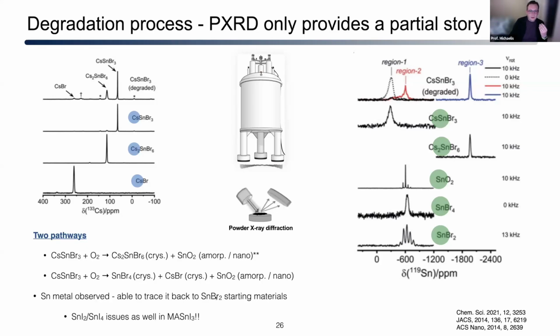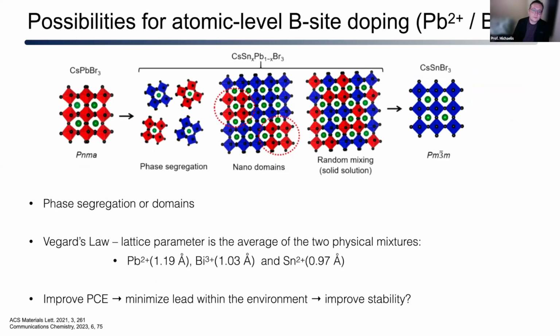So in our particular case, we do see tin metal, but it's not necessarily associated with the degradation. It's an impurity from the onset of what we were working with. Okay, so if you do solution methods or other techniques, you can probably avoid this, but we were not able to.